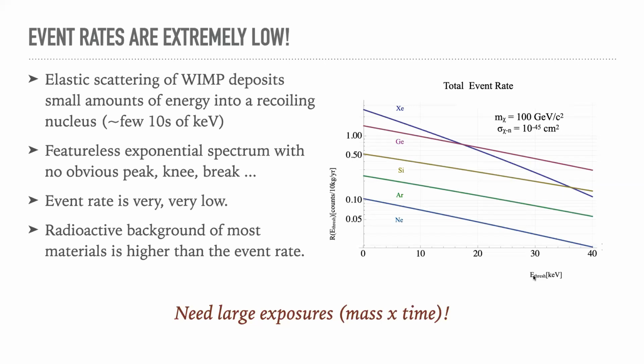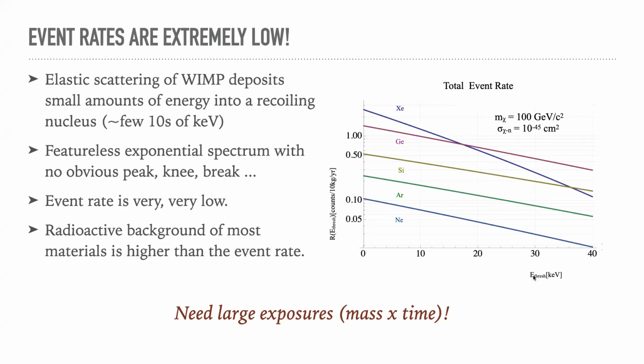The idea is basically that you have elastic scattering of WIMPs depositing small amounts of energy into a recoiling nucleus, and we've seen that the recoiling nucleus energy being deposited is on the order of tens of keV. This is a rate, in counts per 10 kilograms of target material per year, versus the threshold of your detector.